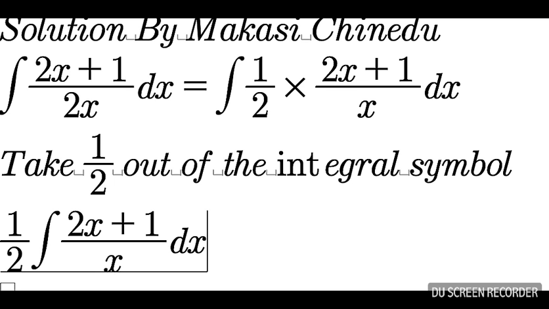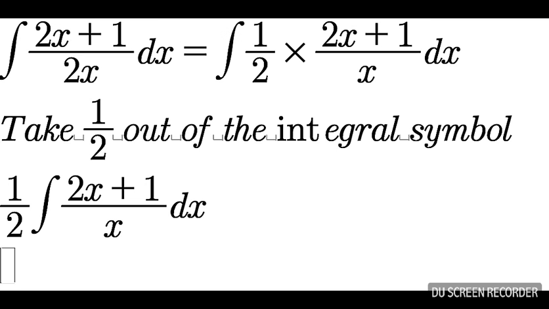Again, at this point, we can actually create two fractions. The terms inside the integral symbol involve just one fraction, but we can create two fractional terms. How do we do that? We divide each of the terms in the dividend by x.